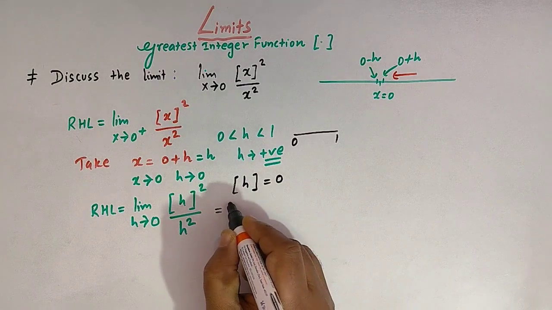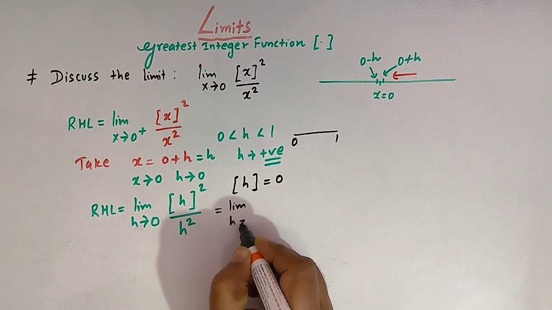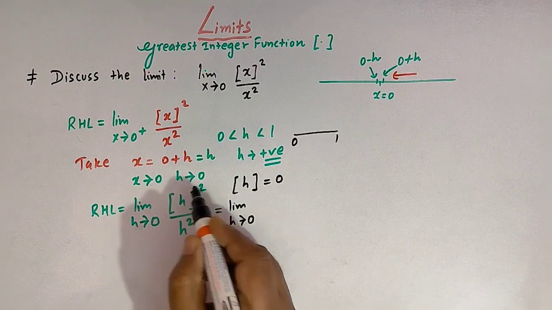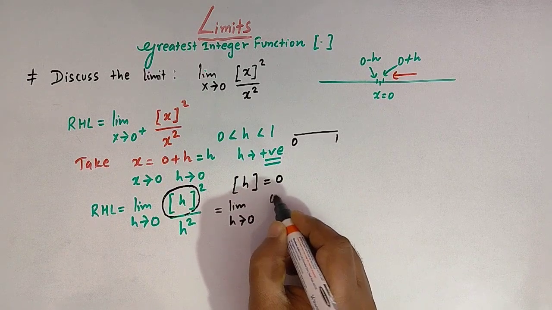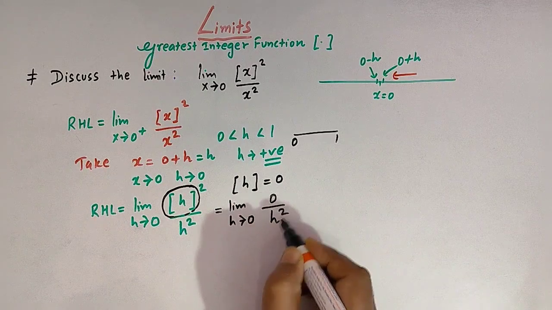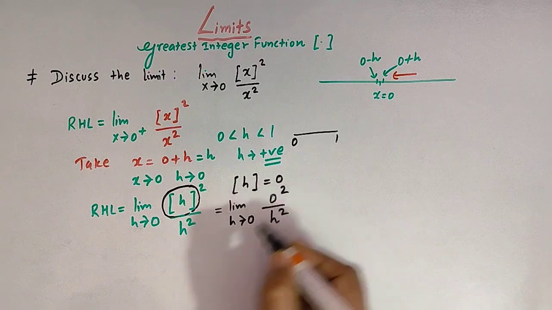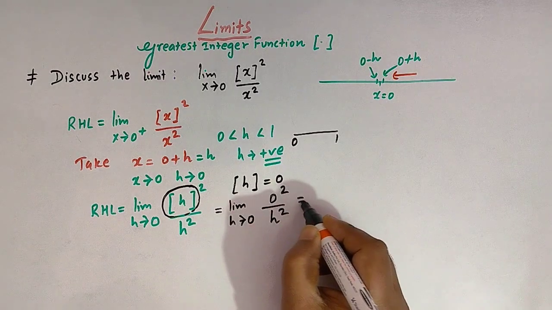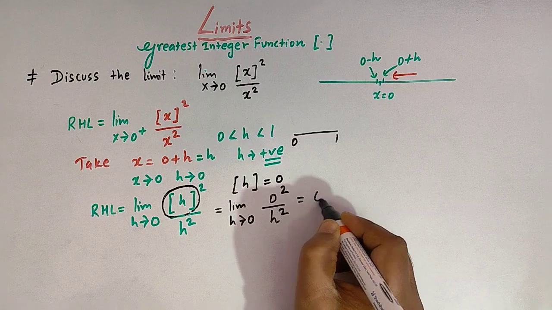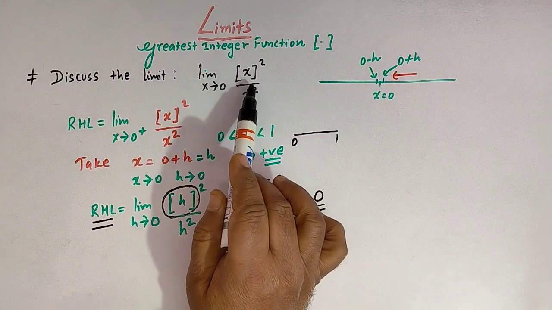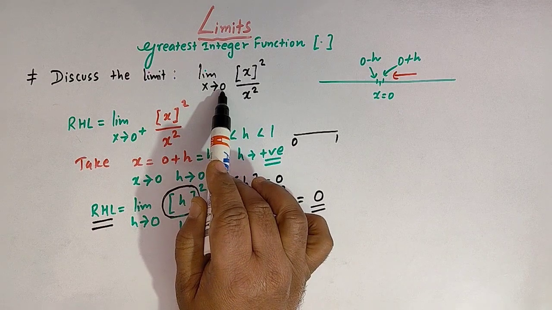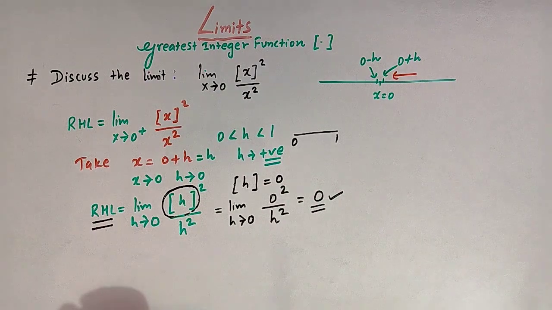So we have limit h tends to 0 of 0 squared over h squared, and this limit becomes 0. So the right hand limit of this function when x approaches 0 is 0.